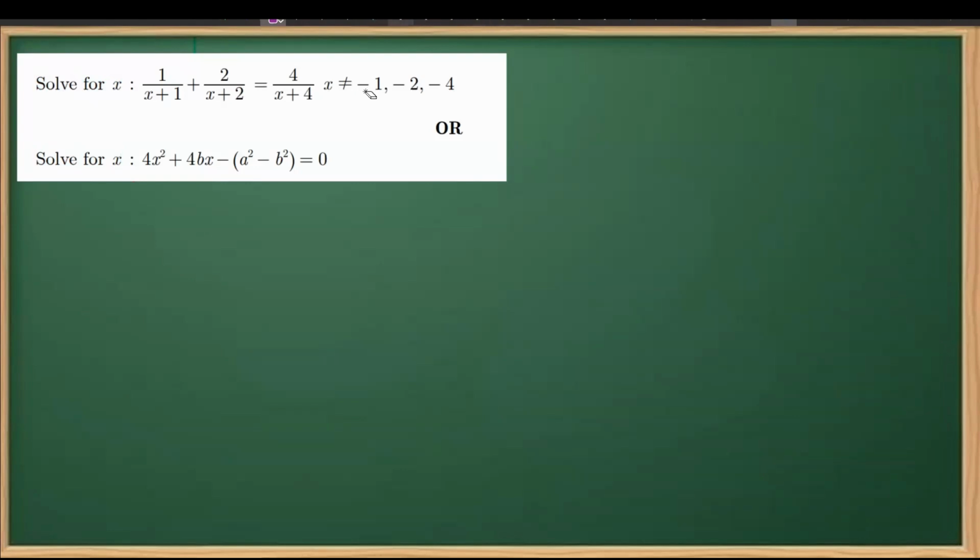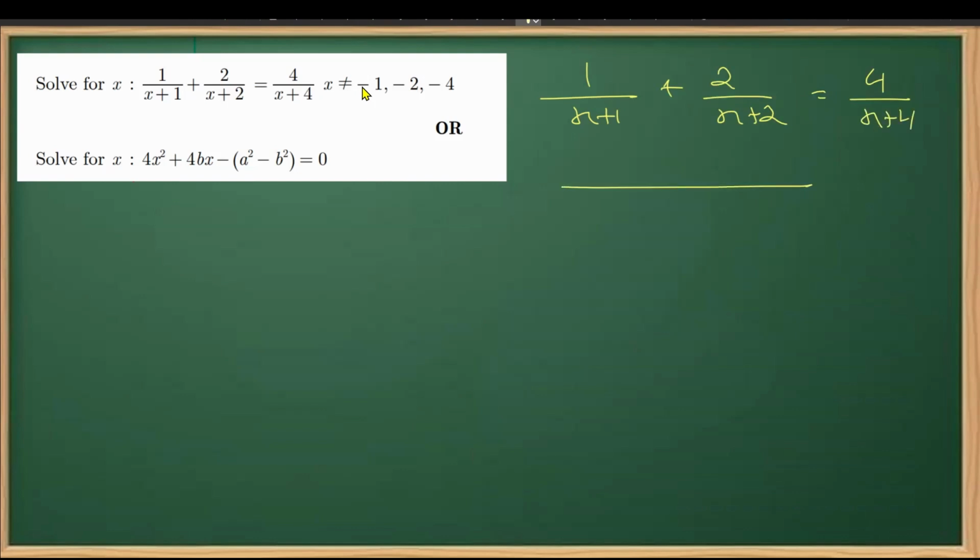In the first question, we'll first be simplifying by taking LCM on the left hand side. Let me write down the question once again. It is 1 over x plus 1 plus 2 over x plus 2 is equal to 4 over x plus 4.